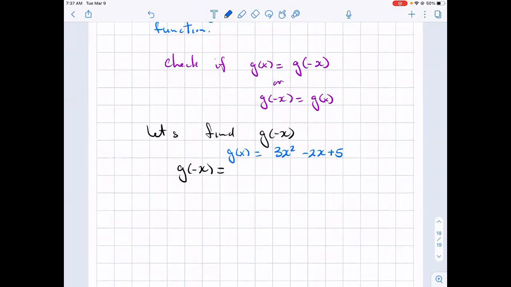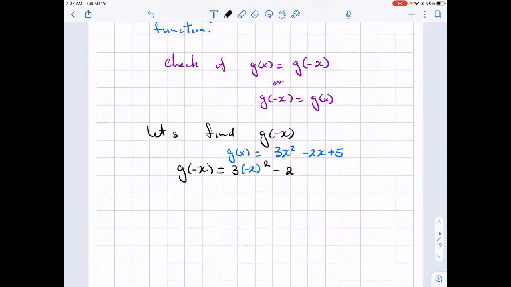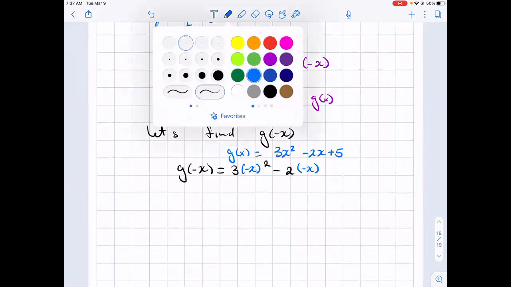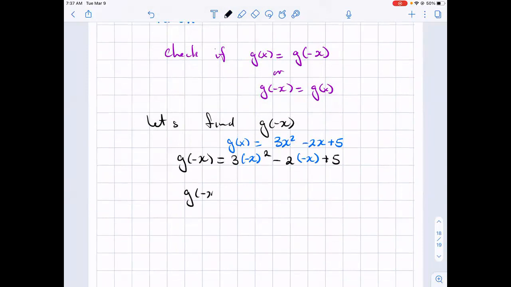So g of minus x will be 3, and then in parentheses, minus x squared, minus 2, and then in parentheses again, every time we see x, we plug in a minus x. So g of minus x will be 3x squared, because if you square a negative, you get a positive x squared, and you have plus 2x, because when you distribute, plus 5.